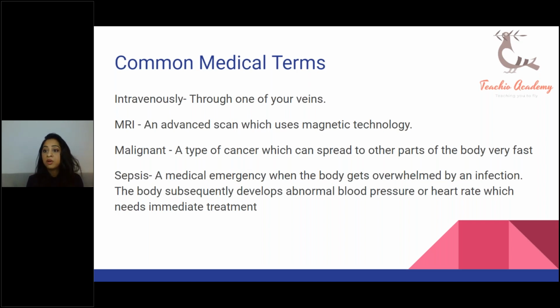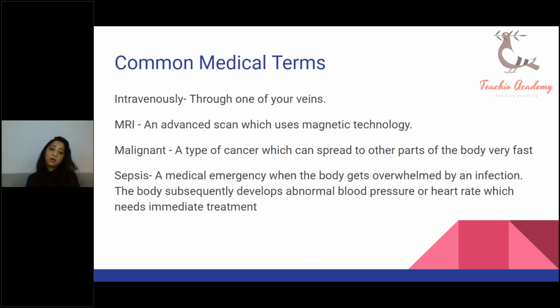Malignant is often asked, so you say a type of cancer which can spread to other parts of the body very fast. Then sepsis comes a lot, then you can say a medical emergency when the body gets overwhelmed by an infection. The body subsequently develops abnormal blood pressure or heart rate, which needs immediate treatment.